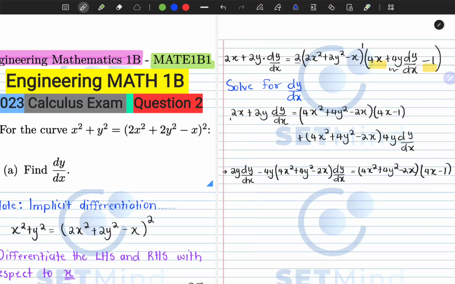And then this will move to the left, which means we'll have minus 2x.